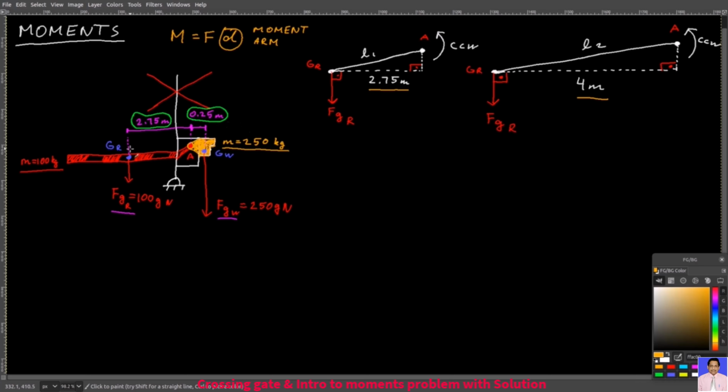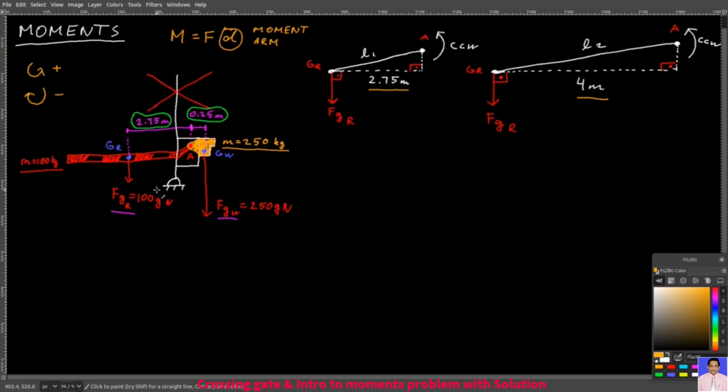In our crossing gate example, we measure the moment about point A. Also, according to the convention in 2 dimensions, a counterclockwise moment is positive and a clockwise moment is negative.